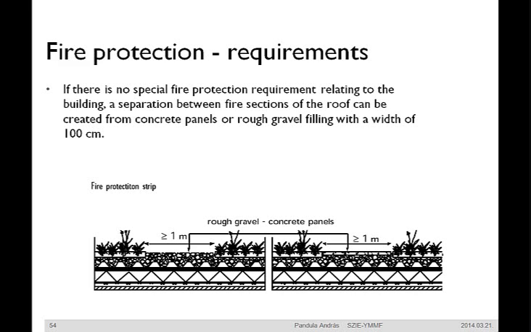It's usually made of concrete panels or wrought gravel filling. The distance between these fire protection strips should be similar to the distance between boundary walls and firewalls, which means that at a minimum of 40-meter distances we should create such fire protection strips.